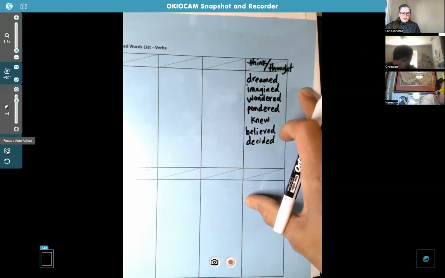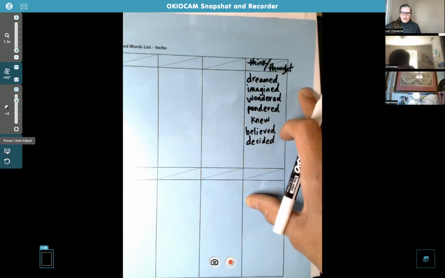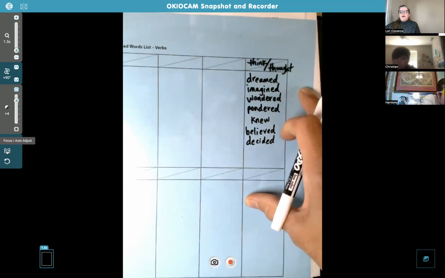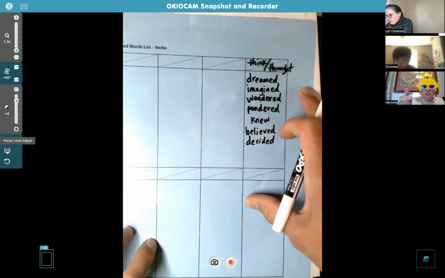So you're going to have to really stretch your brain a little bit when you're writing. And don't use think, thought anymore, okay? You can pick one of these words, or if you come up with a different one, that's okay too. It doesn't have to be on this list. Give me a thumbs up when you have those written down. Okay, I see that, Christian. Dreamed, imagined, wondered. Good.